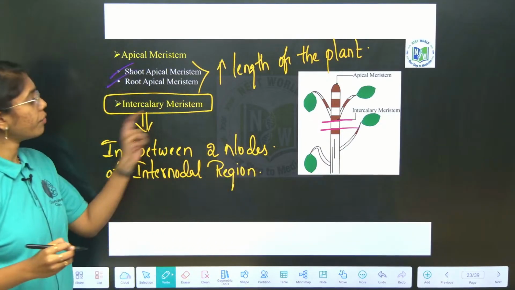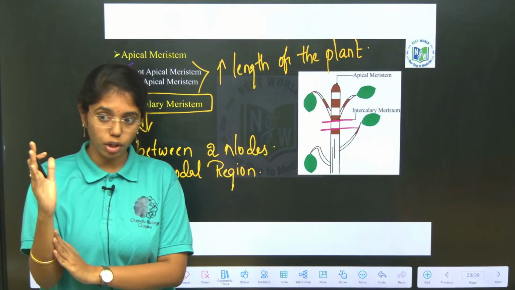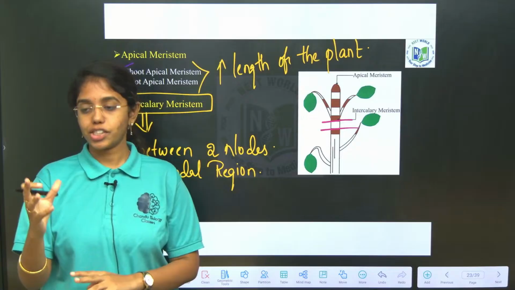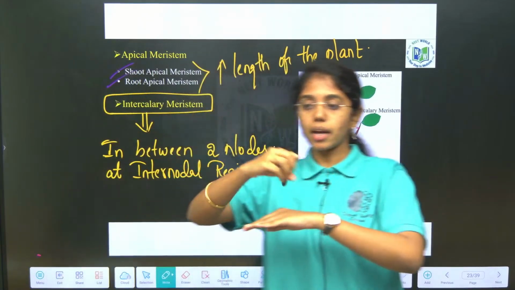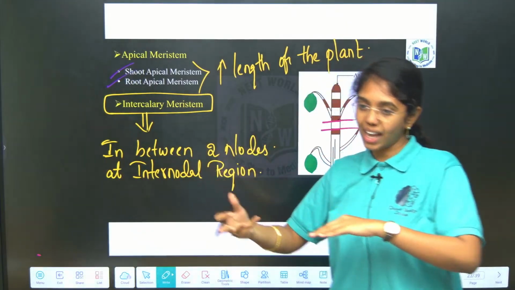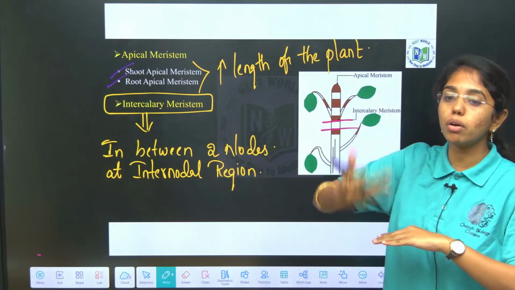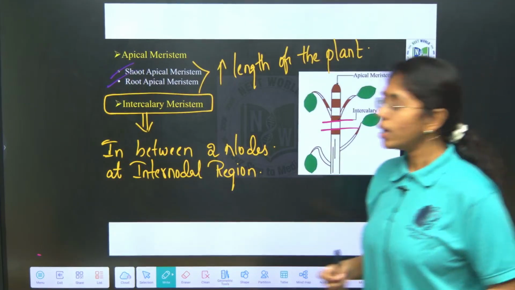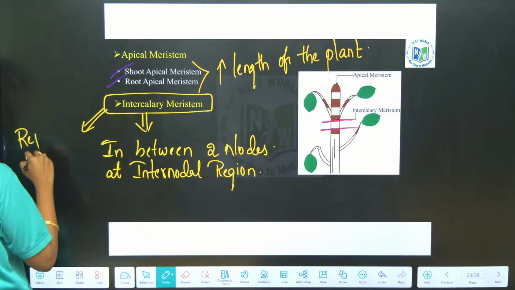The main function of intercalary meristem is to increase the length of the plant and promote elongation. Whenever the apical parts are removed in a few plants like grasses, this intercalary meristem will rejuvenate the growth of the plant.